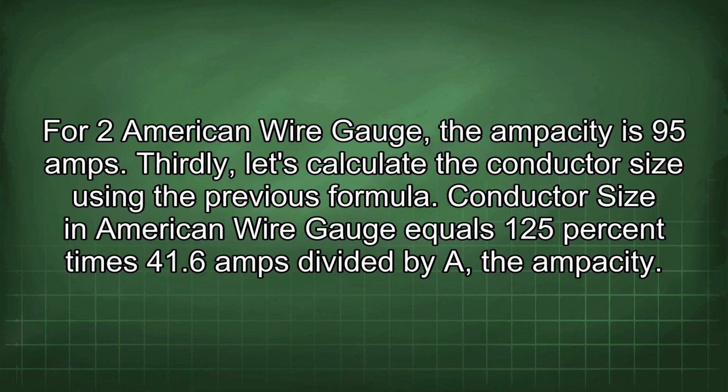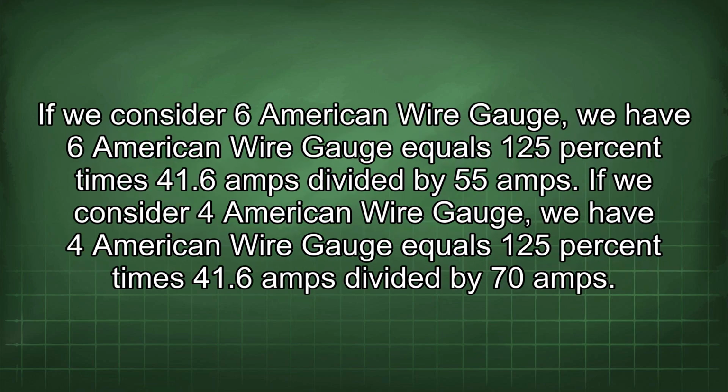Thirdly, let's calculate the conductor size using the previous formula. Conductor size in American wire gauge equals 125% times 41.6 amps divided by A, the ampacity. If we consider 6 American wire gauge, we have 125% times 41.6 amps divided by 55 amps.